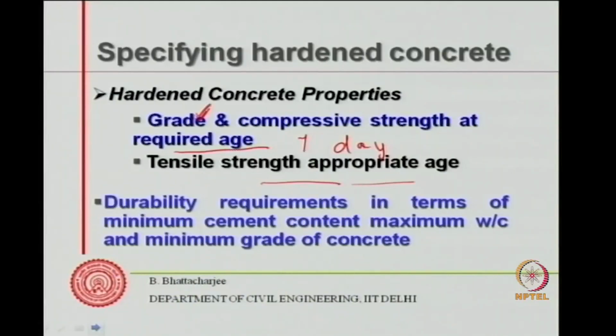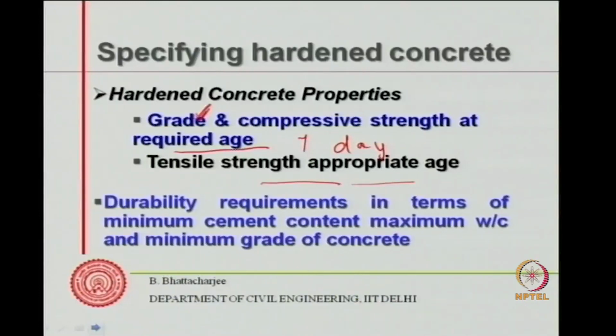Concrete must remain durable, or must be able to endure the environment to which it is exposed over a long period of time, right? And that is related to its durability. Durability is the property by virtue of which the concrete can withstand the environment to which it is exposed over a long period of time.